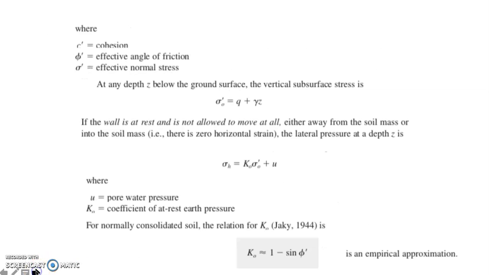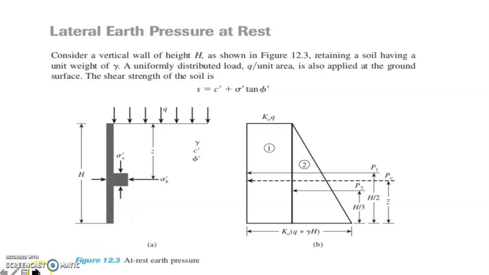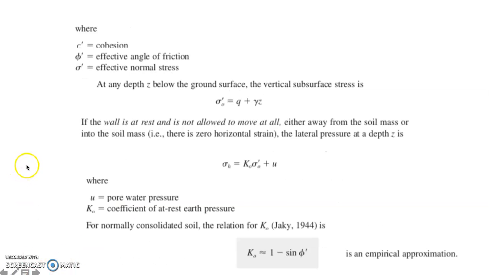So basically, we are given the parameters: cohesion, effective angle of friction, and the effective normal stress based on this given figure. As mentioned, you're going to compute the vertical stress at depth z for the given illustration of a retaining wall.